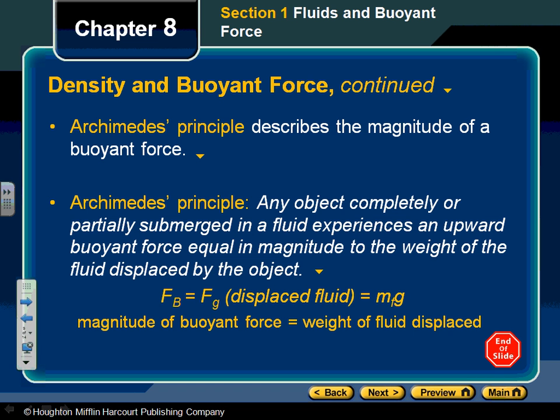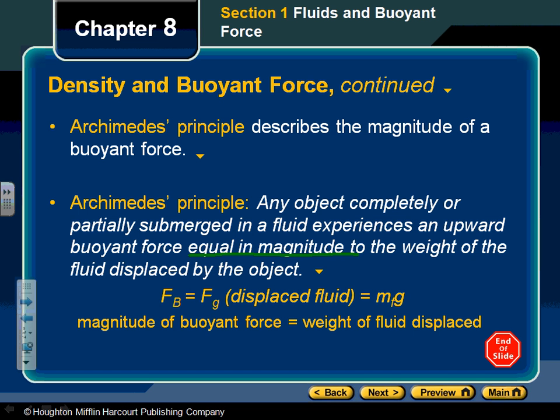Okay, so density and buoyant force continued. This gentleman named Archimedes is sort of the guy that came up with the idea of this buoyant force. His principle says that any object that is in a fluid, whether it's completely submerged or not, experiences an upward buoyant force equal in magnitude to the weight of the fluid displaced.